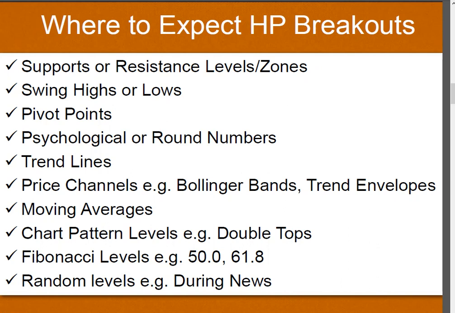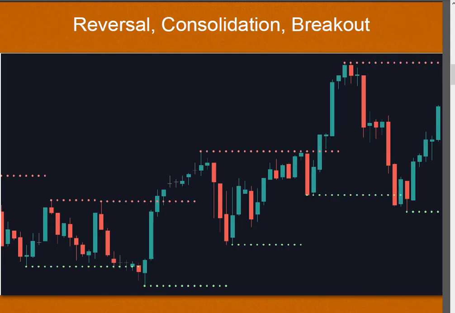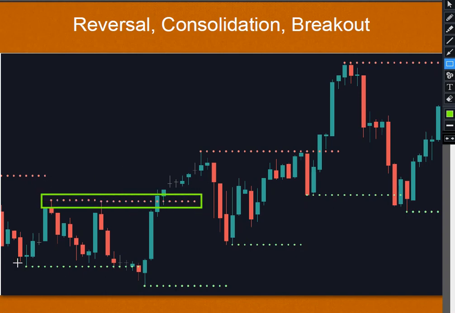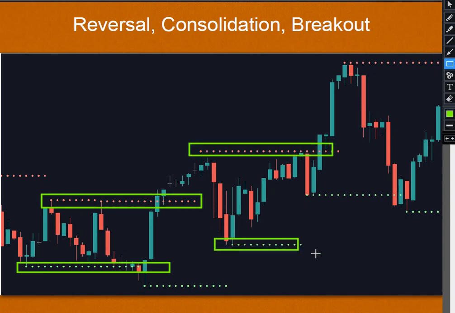Where do you expect breakouts to happen? In this particular chart, I've already shown you where to look for breakouts. I prefer looking for breakouts right at market structure levels like support and resistance. This resistance, this is support, this is resistance, this is support.